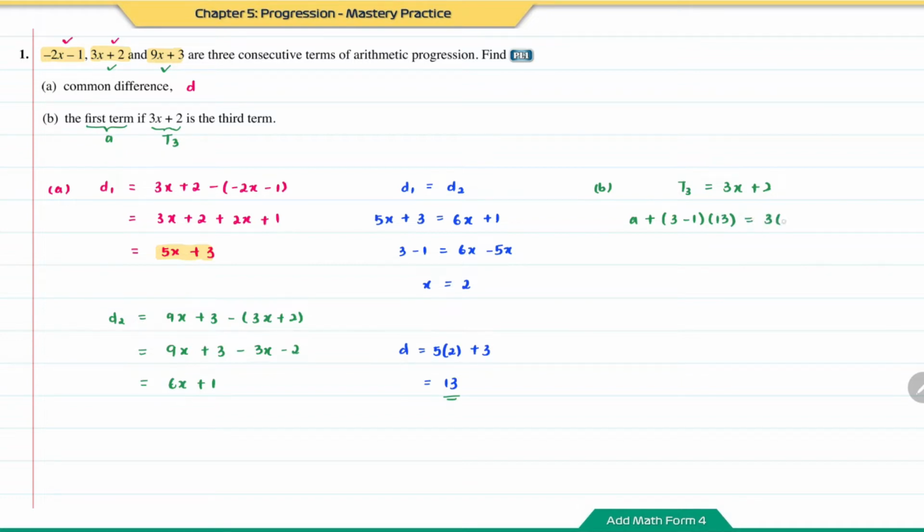Here I'm going to replace the x with number 2. So here you're going to have a plus 2 times 13, which is 26. So here you will get 8. Therefore, a is equal to 8 minus 26. So the first term here will equal negative 18.